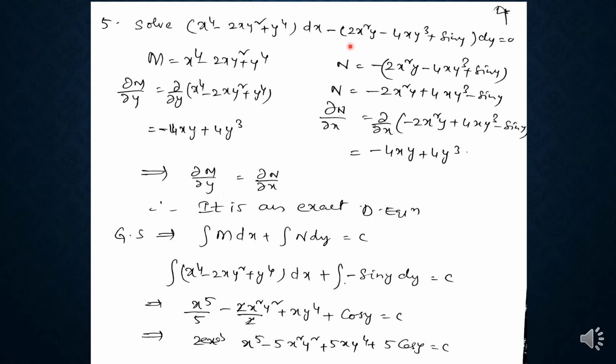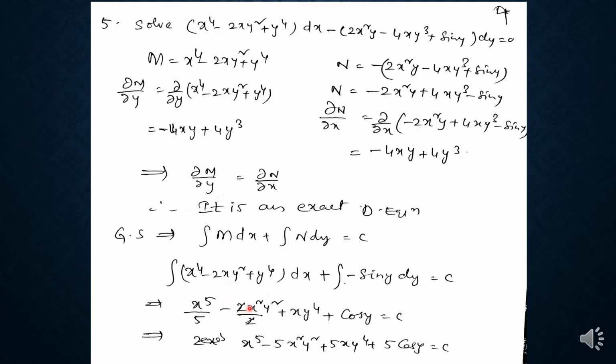So here the first term is minus 2x²y, which has x², so this is not valid. 4xy³ is also not valid. So here minus sin y is free from x, so we can take minus sin y dy is equal to c. Now integrating, we will get integral x⁴ dx is x⁵ by 5, minus, here y² is also constant, minus 2y² into integral x dx, that is x² by 2.